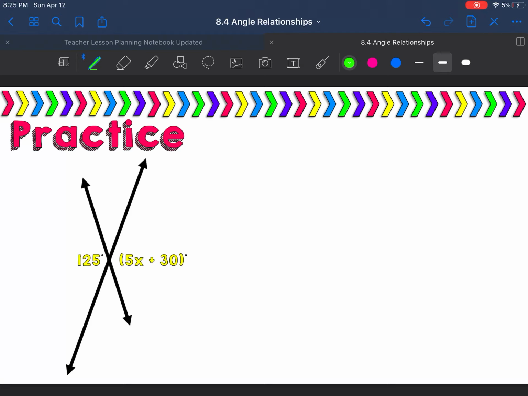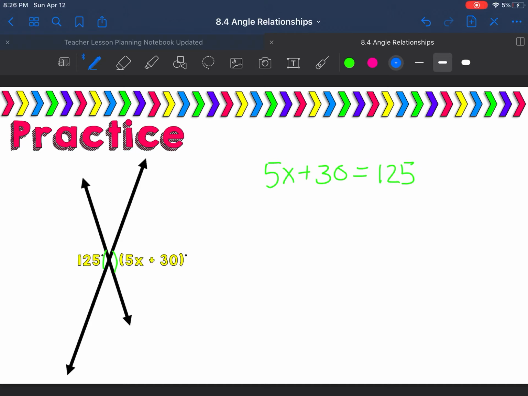So let's take a look at another practice problem. I have another different set of intersecting lines. And I know that angles across from each other are equal. So this angle is equal to this angle, which means that 5x plus 30 is equal to 125.